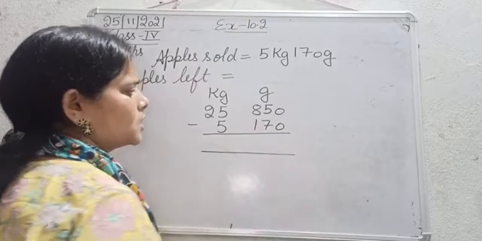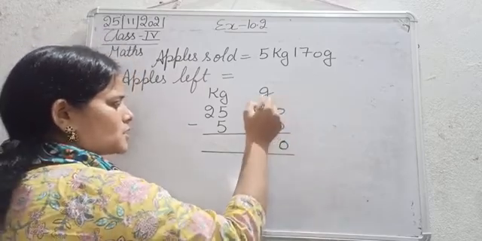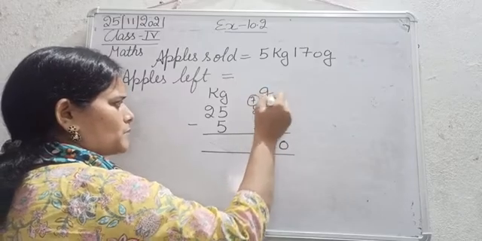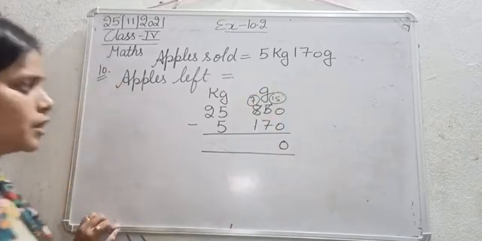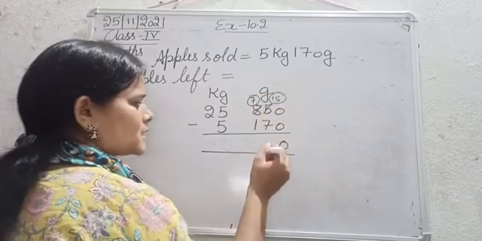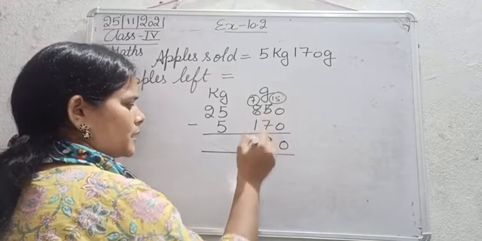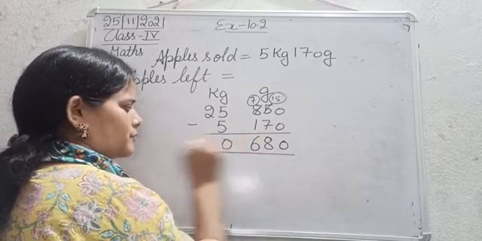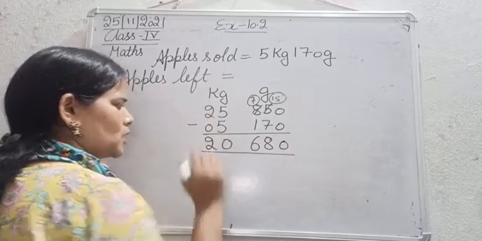0 minus 0, 0. 5 minus 7 is not possible, so it will borrow from here. This will become 7. This will become 15. Okay, so 15 minus 7, that will be 8. 7 minus 1, 6. 5 minus 5, 0. 2 minus 0 is 2.